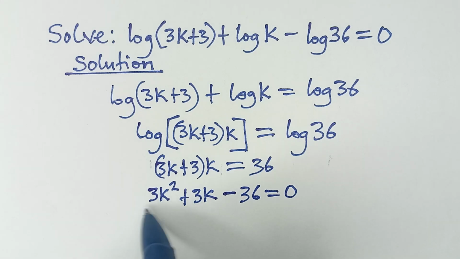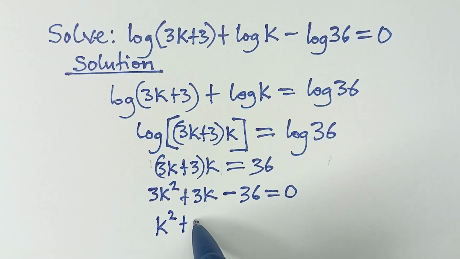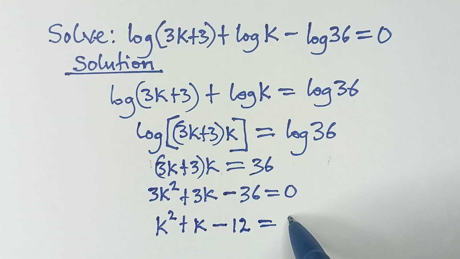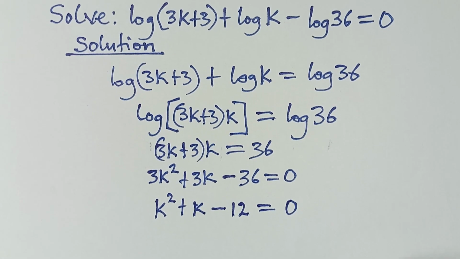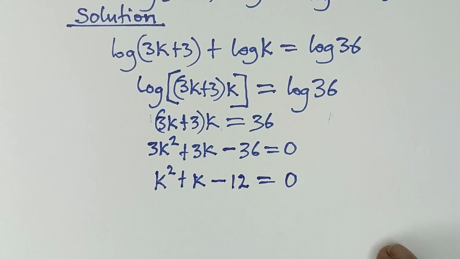If we divide each term by 3, 3k squared divided by 3, we are left with k squared. Then plus 3k divided by 3, we are left with k. Negative 36 divided by 3, we have negative 12. And 0 divided by 3, we have 0. So now we have a simpler quadratic equation to factor.